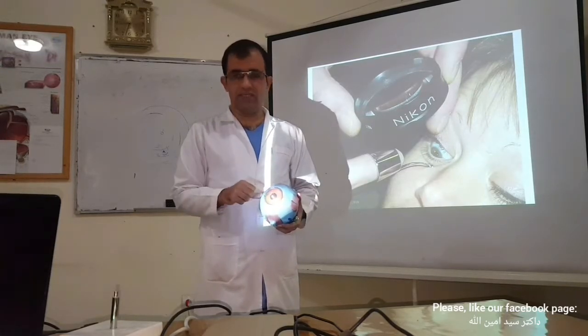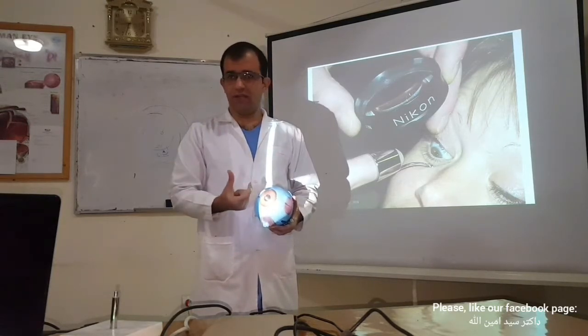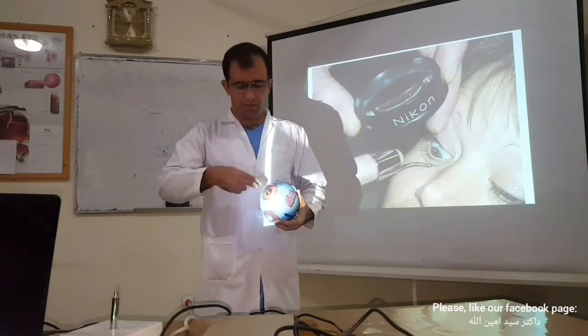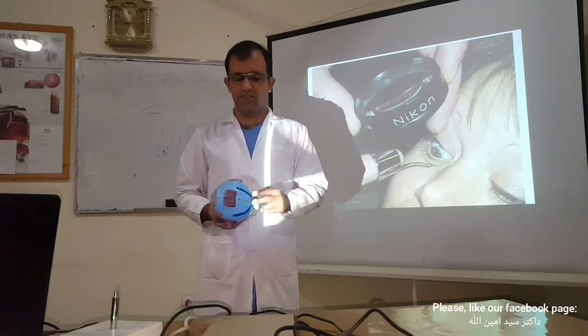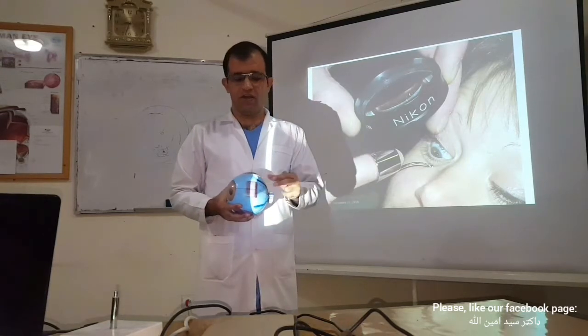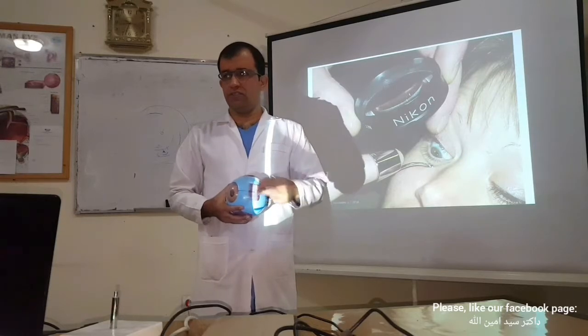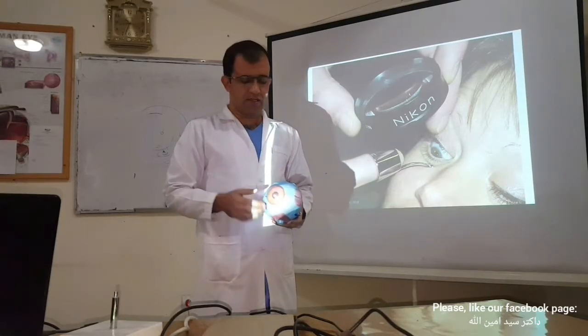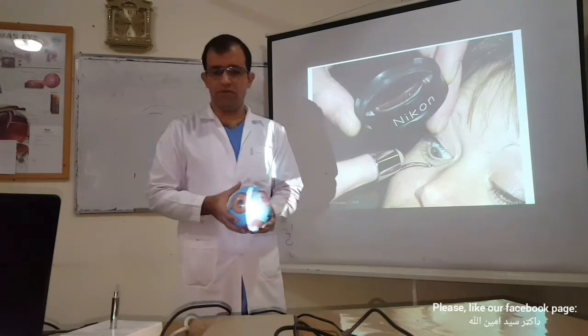But if I press this area, it comes forward, so it becomes visible. By indentation we press these areas, the peripheral retina. This is going to be the central retina, this is going to be the peripheral retina, or this is going to be the posterior retina, and these are going to be the anterior retina. These anterior places are going to be visible if you press these areas. Hope you understood.